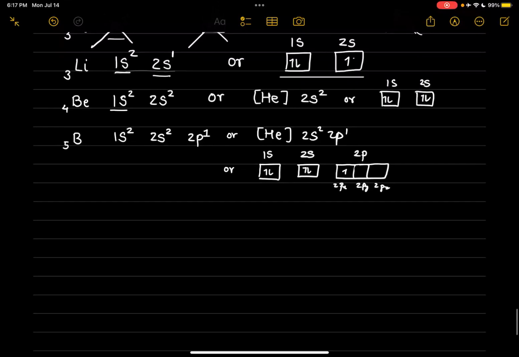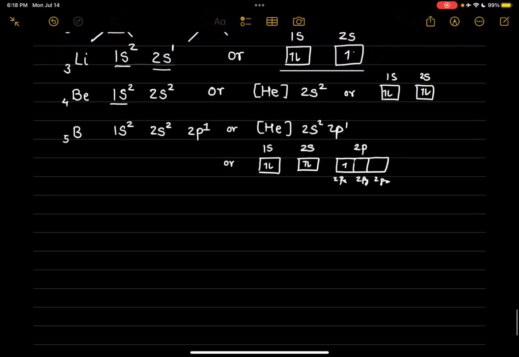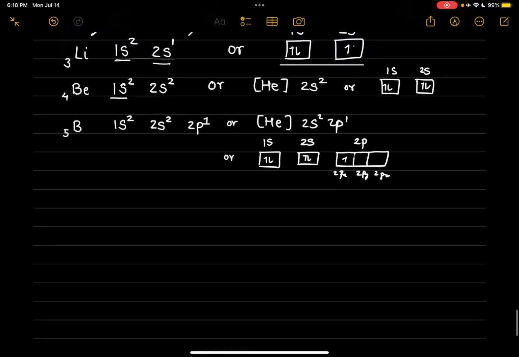Is it clear or not? As you can see, I need to move toward the 2p subshell, because the 2p subshell is empty. So I put that one electron there.